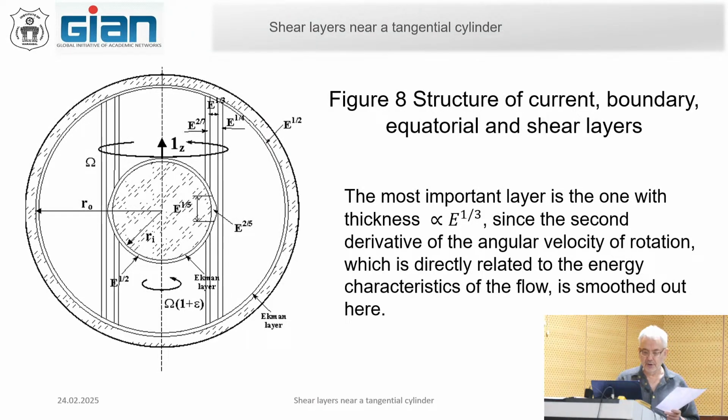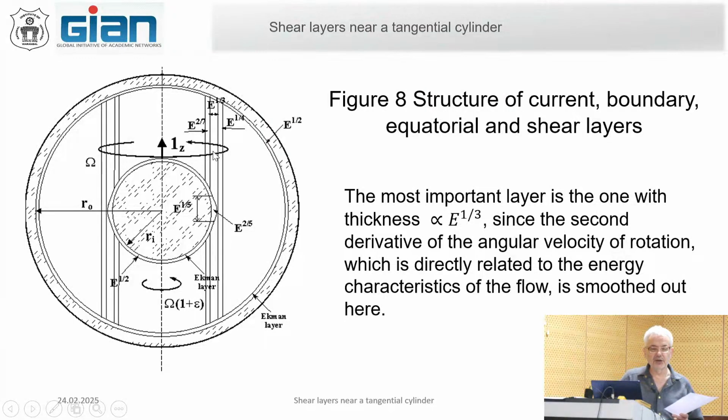So there is an upgoing flow inside the tangent cylinder, and there is a return flow. And all this return flow is important because actually it's working in the shear layer. So we discussed the shear layer. It's very important in that it produces the return flow, and it has very small scales.